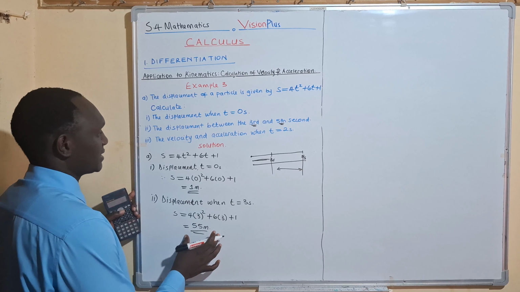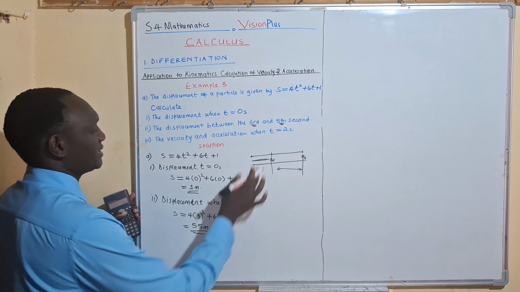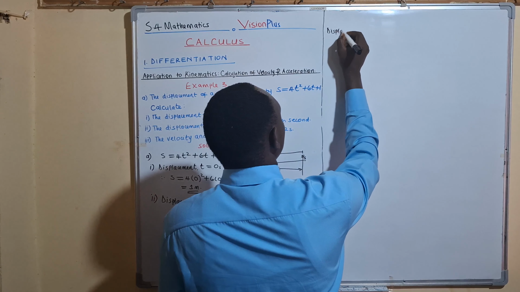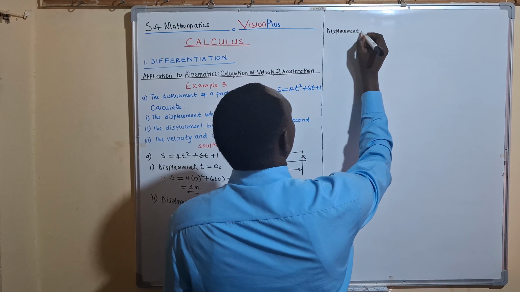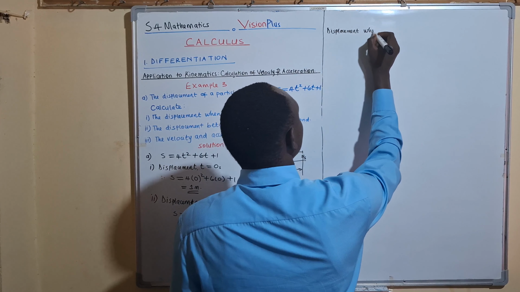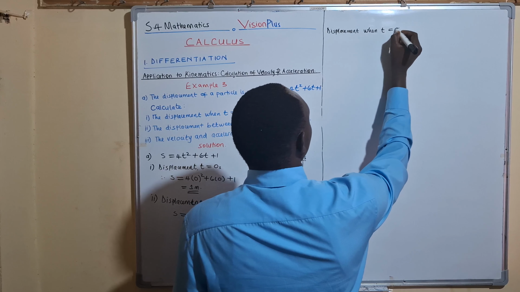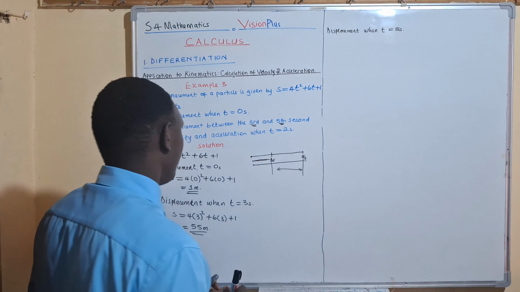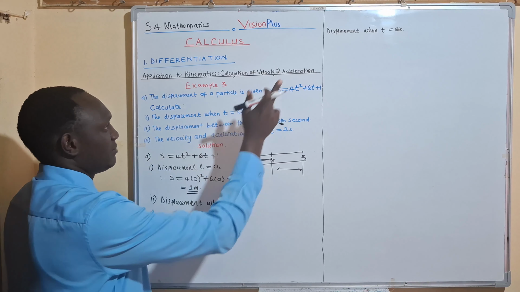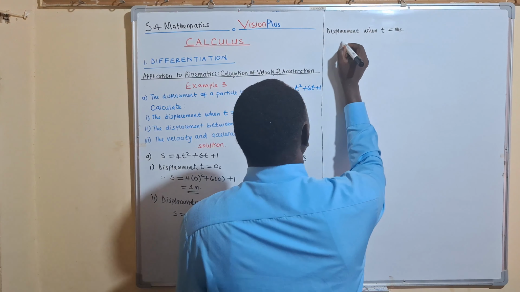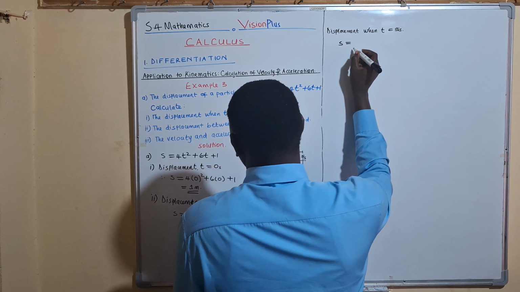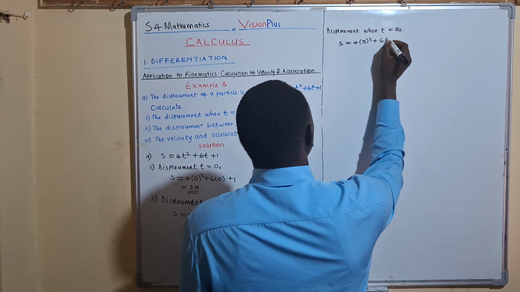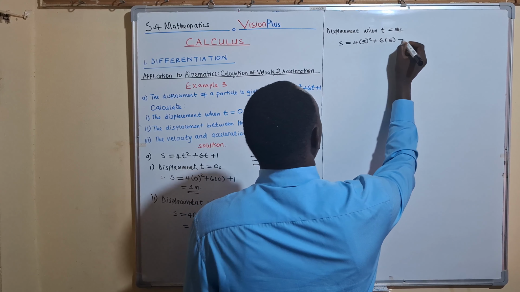Now also let us get the displacement when the time t is 5 seconds. We still use the same expression for displacement at any time t, but our time t now is 5 seconds. So our displacement S becomes 4 times 5 squared, plus 6 times 5 plus 1.